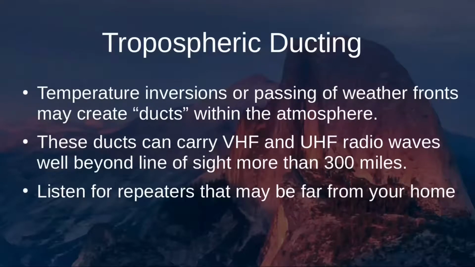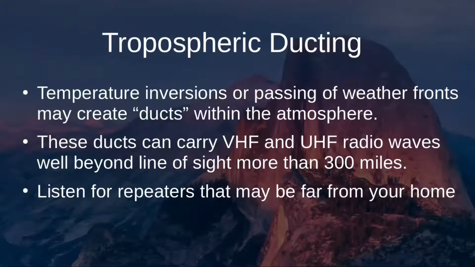Another interesting phenomenon is called tropospheric ducting. This can occur with temperature inversions, in which the temperature of the atmosphere from ground level going up will increase rather than decrease, or with the passing of weather fronts. So let's say there's a cold front that's coming through and there's a significant differential between the warm air mass and the cold air mass.